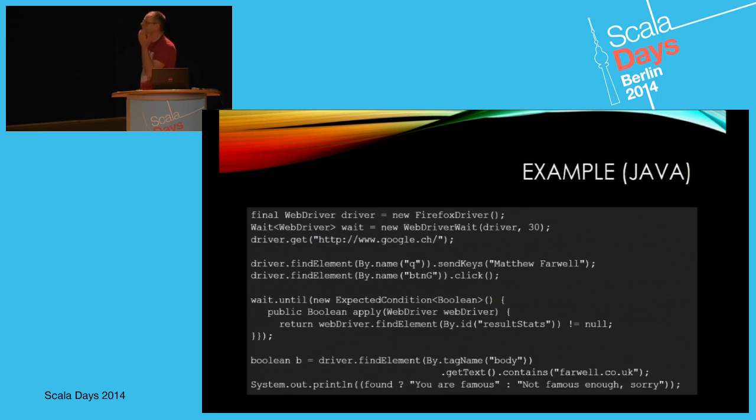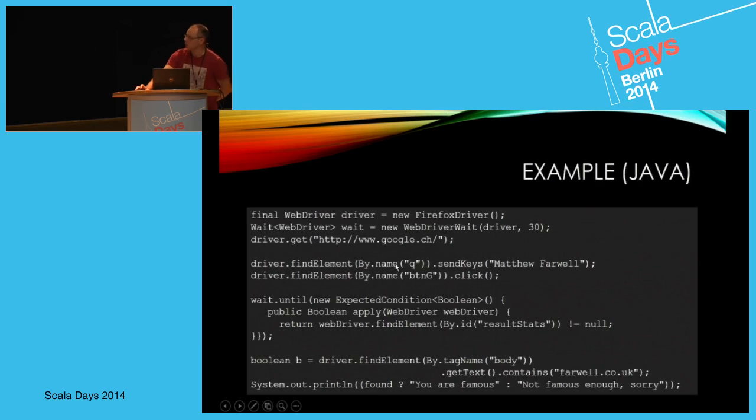Okay, so quick example. This is the Java version. Now, I find this easy to read. Do you? No. But basically what we're doing is we're firing up a new Firefox driver. We are going to google.ch. We're finding an element by the name of Q, and we're putting Matthew Farwell into Q there. We're finding a button.